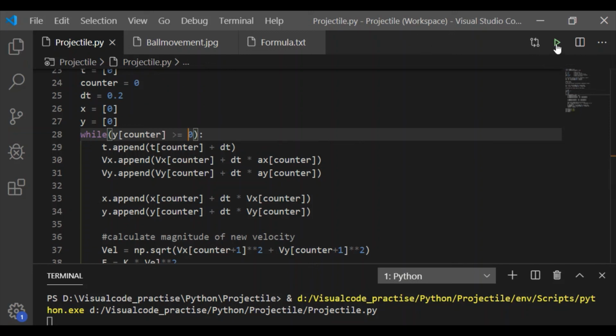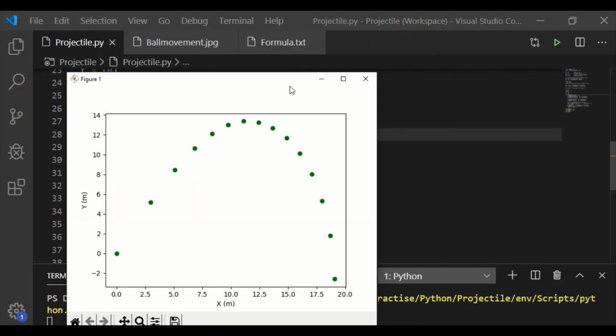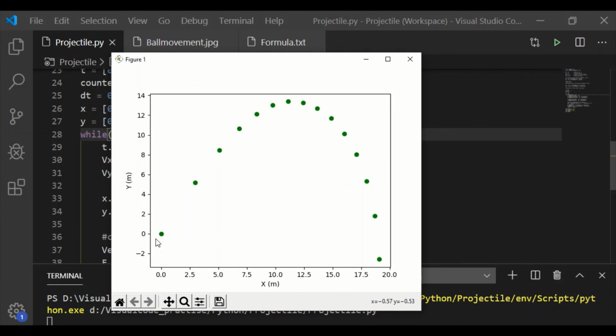We will take it until the range of projectile for the object hits back to the ground. Now on executing it, we can see it's plotted against x and y until it hits back to the ground. This is the actual path, a realistic trace of the trajectory.